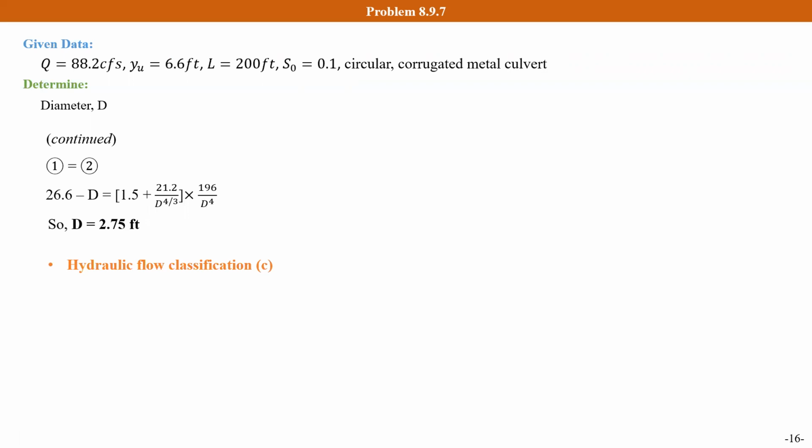After that, we can assume that the culvert is consistent with category C, because category C is partially full flow. Then based on equation 8.19, we can calculate the flow rate.